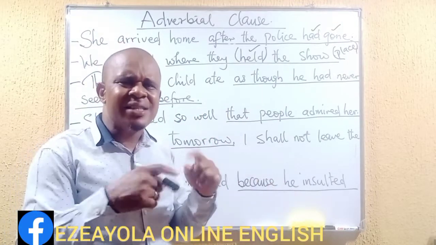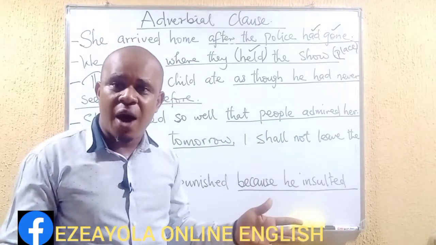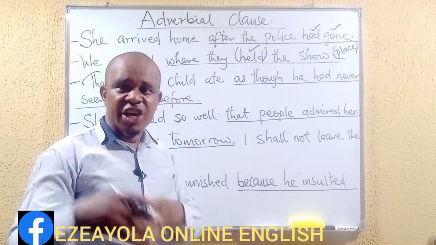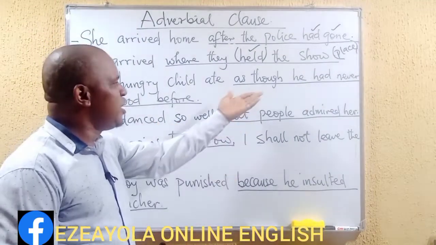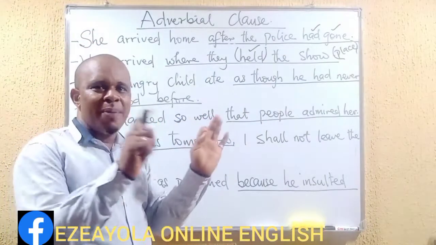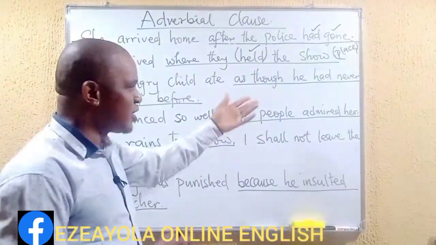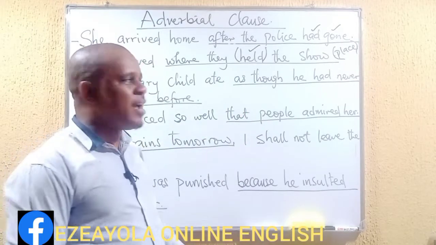So it answers the question how. Somebody could ask, how did the hungry child eat? He ate as though he had never seen food before. So this is an adverbial clause of manner, because it answers the question, how did the hungry child eat?